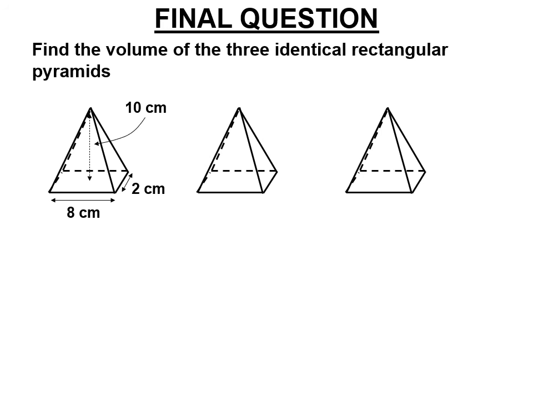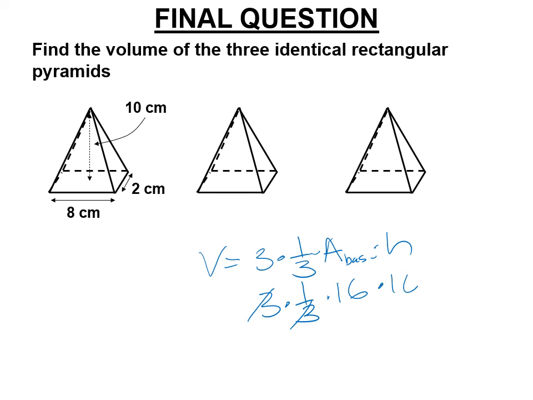So 3 of them would be 3 times 1/3 area of the base times the height. The area of the base is 8 times 2, 16. These cancel. The height is 10. It's 160 cubic centimeters. Good luck on the homework.